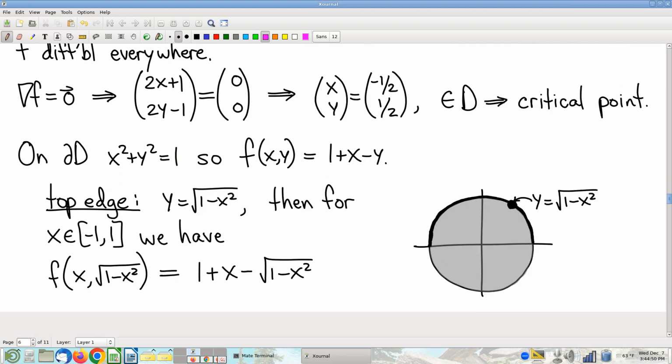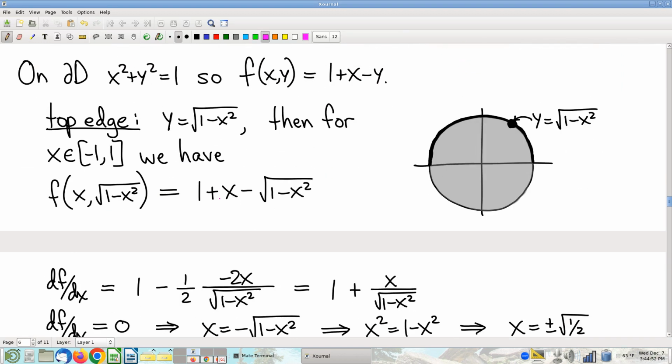But here we go, now to really find maxima on this boundary curve, I'm going to break it up into chunks. We're going to look at the top chunk first, and I'm going to point out that the top chunk is a graph. That means I can solve for one of the variables in terms of the other.